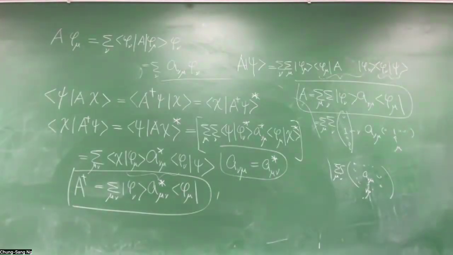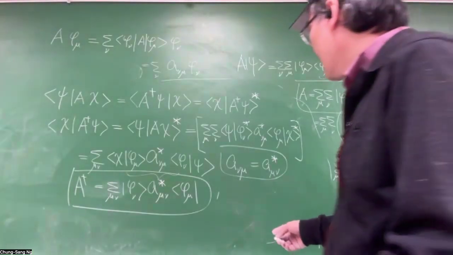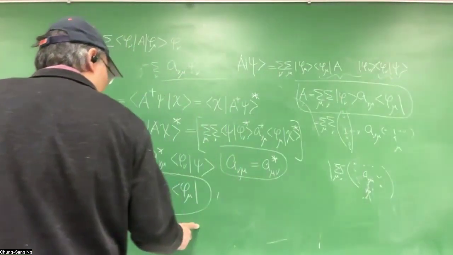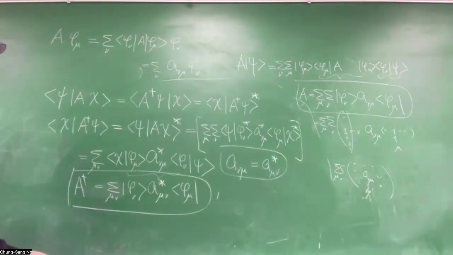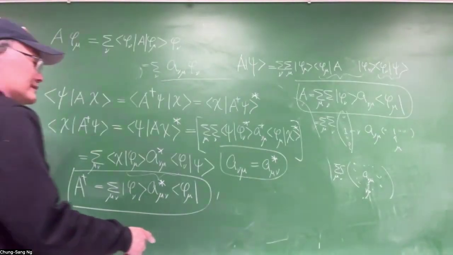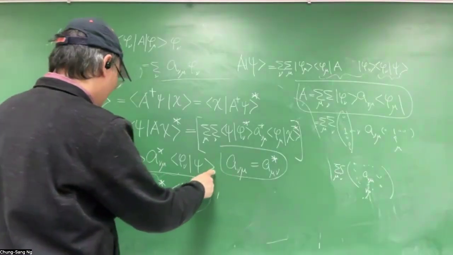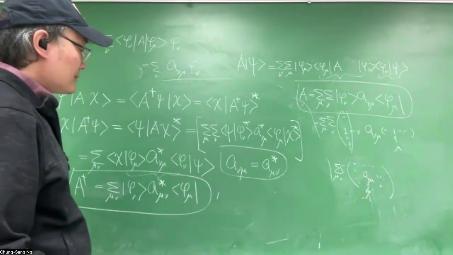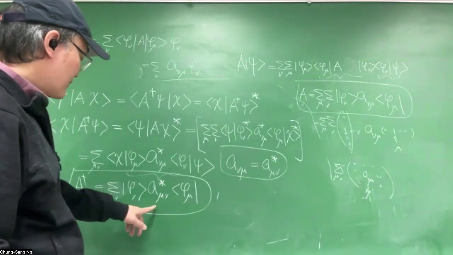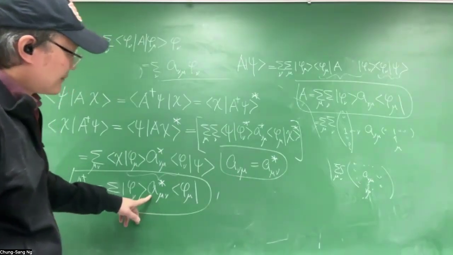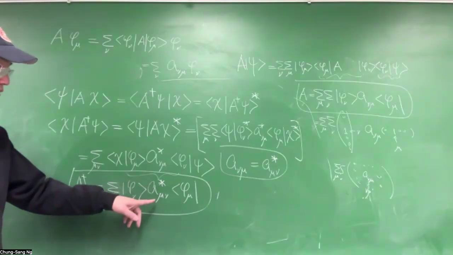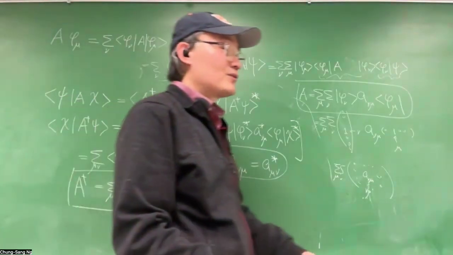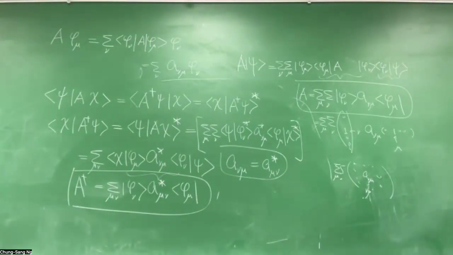Likewise, if the matrix is unitary, then the Hermitian conjugate, or the complex conjugate transpose, becomes the elements of the inverse.